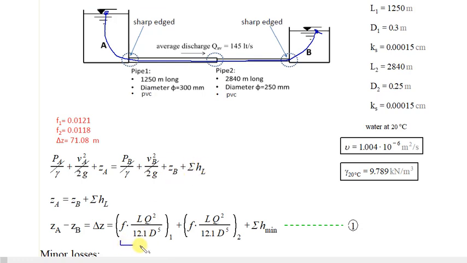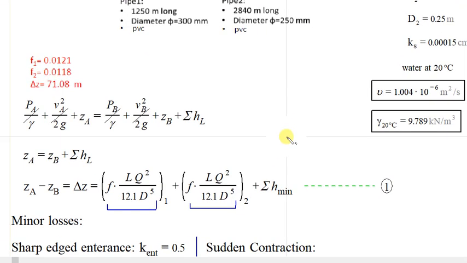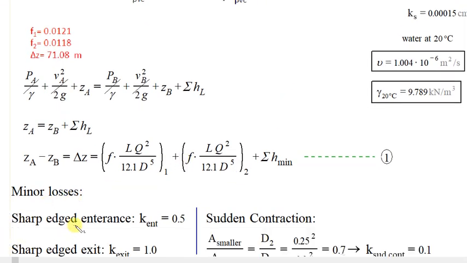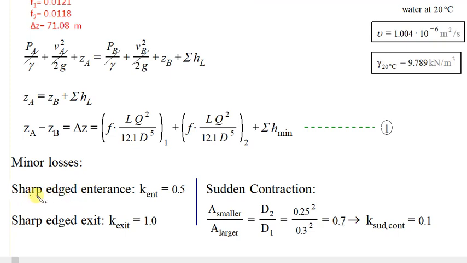I prepared only major, this one major, and this is the other major of pipe 2, in addition to minor losses. I wrote this here, minor losses. Okay, so what we have minor losses, here I wrote, we have sharp-edged entrance.